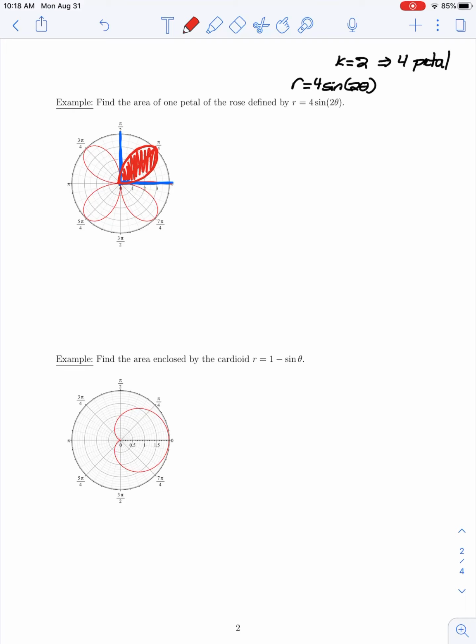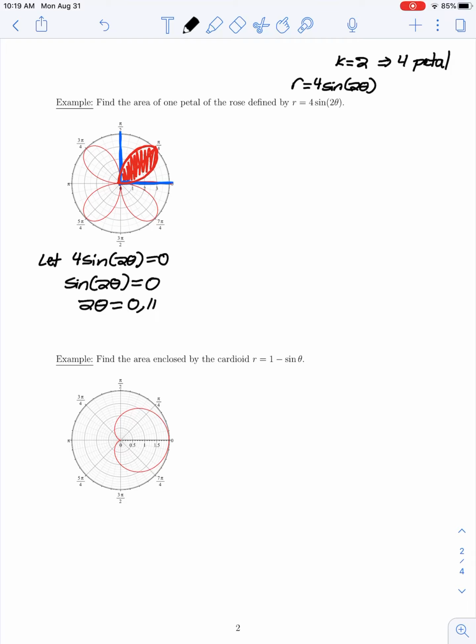So to determine that theta interval of interest, we could take r, which is defined as 4 sine of 2 theta, and set it equal to 0. So dividing by 4, that means that sine of 2 theta is 0. Now the only way that sine of an angle is 0 is if that angle, in this case 2 theta, is equal to some multiple of pi.